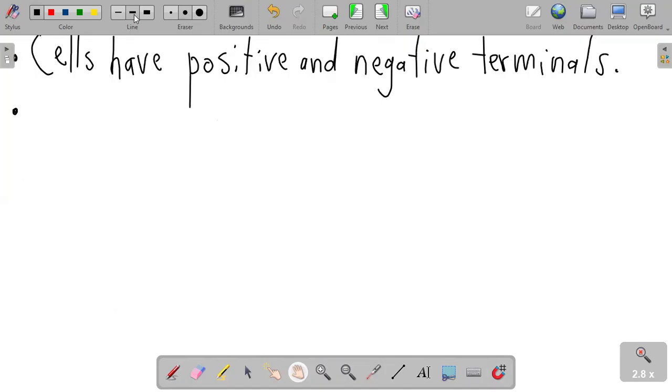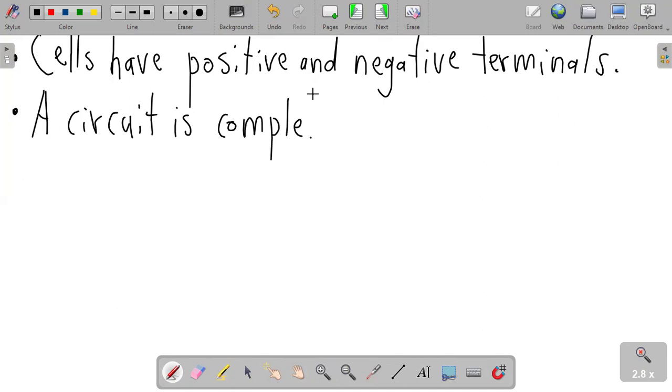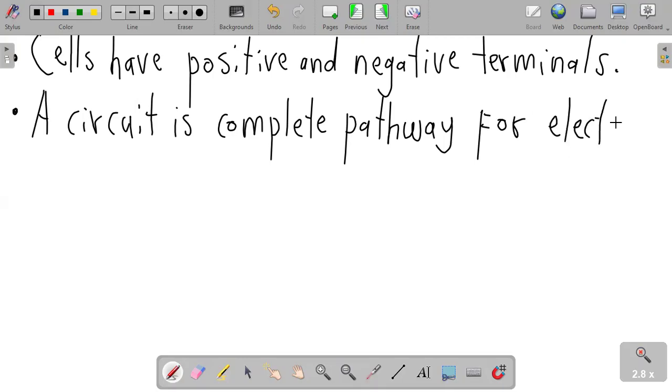A circuit is a complete pathway for electric current.